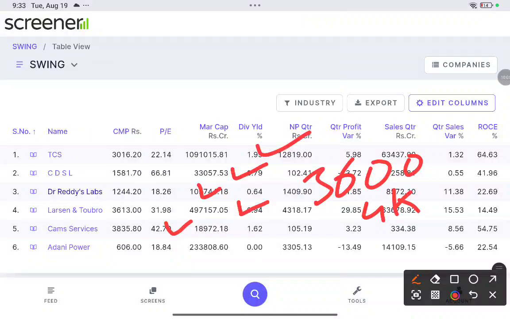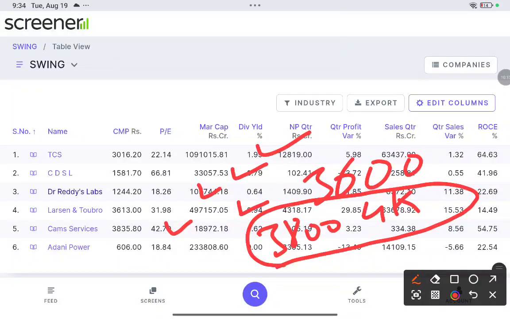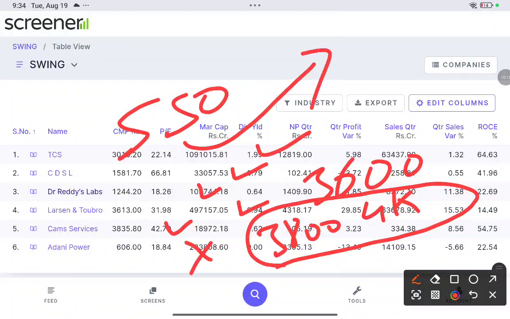I have purchased the stock at 3,800, but unless it breaks 4K, it will not be a decisive breakout. Adani Power, I think I missed the opportunity. I was trying to purchase at 550, but it has jumped. So let's see, I need to reanalyze Adani Power to see if I have a window of opportunity to enter the trade.